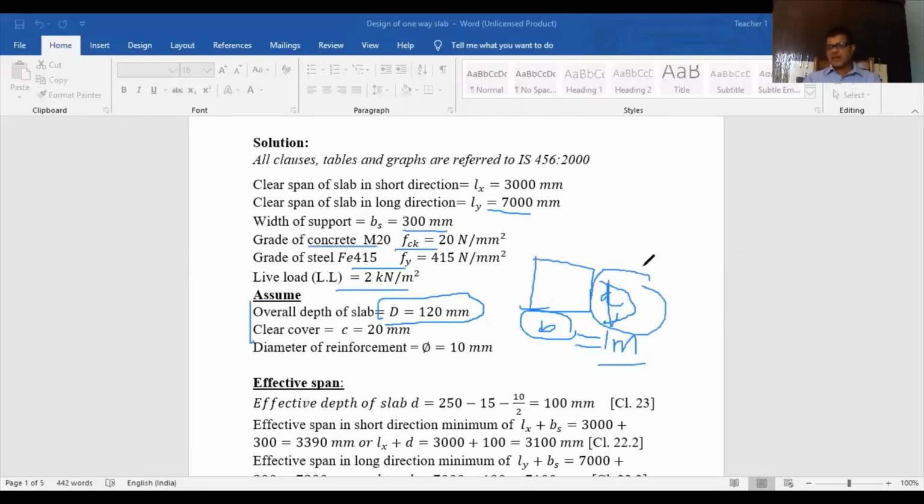Now slab depths are less than the beam depth. Here the slab loading is different, and the depth you generally provide in residential buildings in villages and rural areas is 100 millimeter. It may go up to 200 and 250 millimeter in the market building complexes or multi-story buildings where the load is very large.